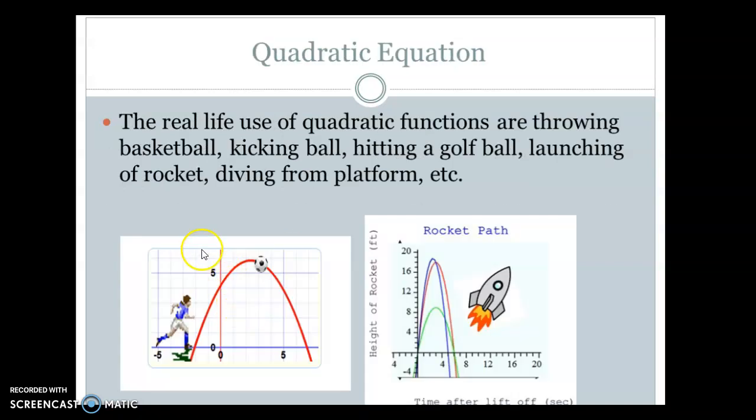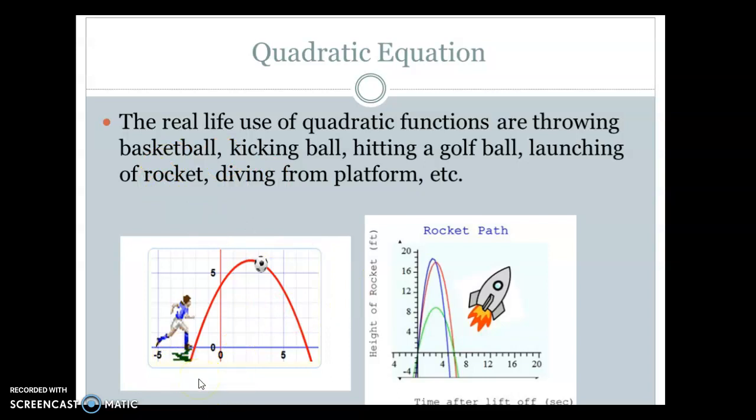A quadratic equation has a real life use, so powerful. Anytime you're throwing a basketball, kicking a ball into the air and getting it into the net, hitting a golf ball, launching a rocket, or diving from a platform into the pool, you're making use of a quadratic function.